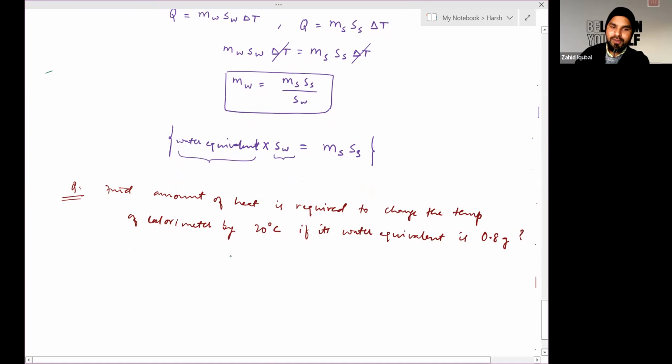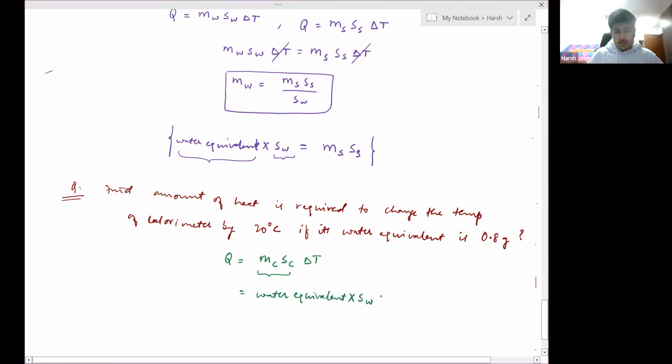Okay. According to the above relation, we may write Q equals mass of calorimeter times the specific capacity of calorimeter times change in temperature. Now, this particular term in terms of water equivalent will equal water equivalent multiplied by the specific capacity of water times the change in temperature.